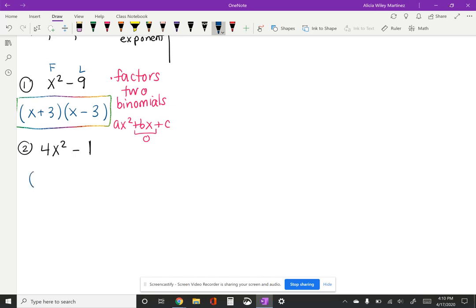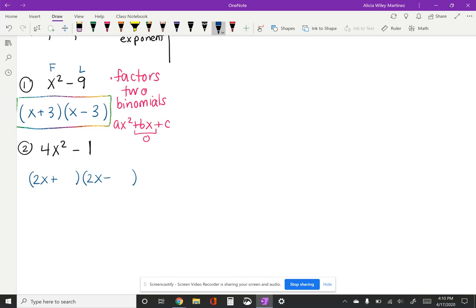I'm going to draw my two binomials. Remember that the two binomials will look the same, except one will have a plus sign, one will have a minus sign. The way we split up 4x squared into two terms multiplied to themselves would be 2x and 2x. 2x times 2x is 4x squared.